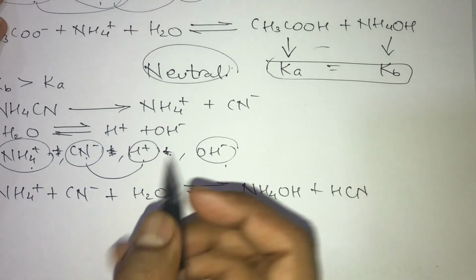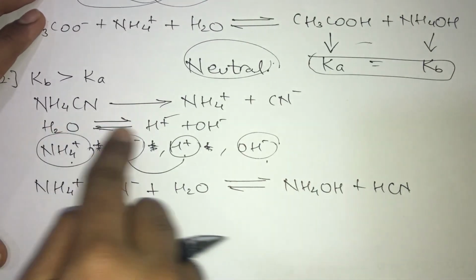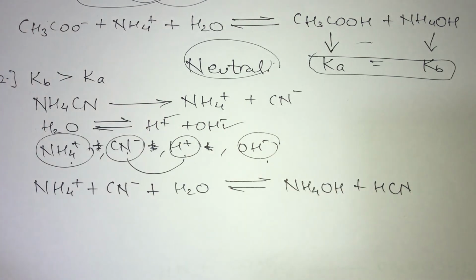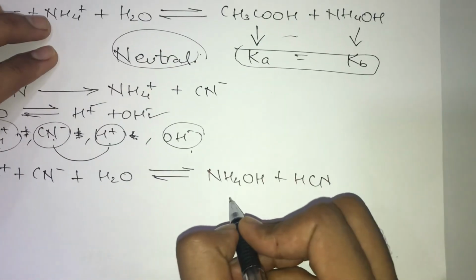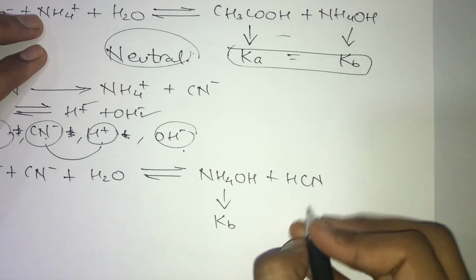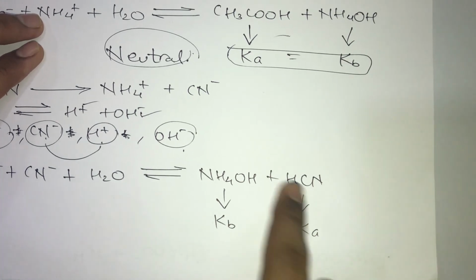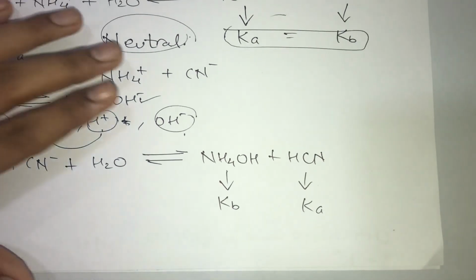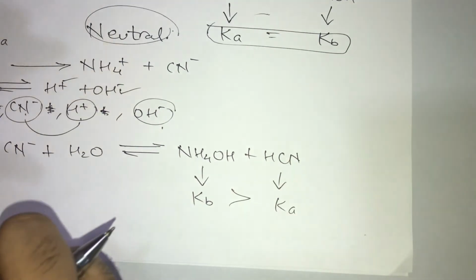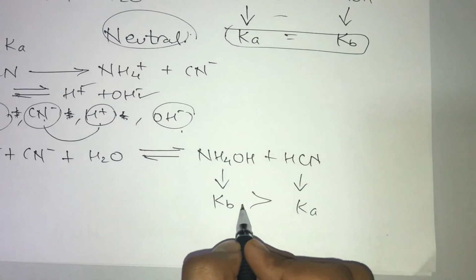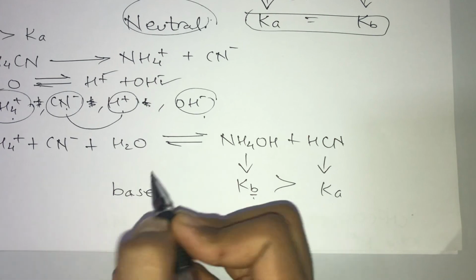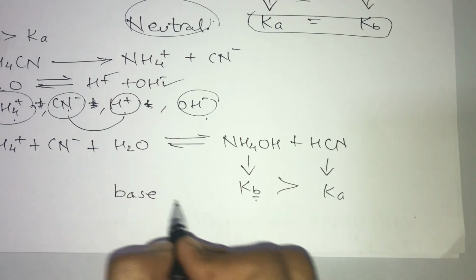And if you observe over here, your H plus is getting consumed in this reaction and your OH minus is also getting consumed. So now to decide, you need to find out the Kb value of NH4OH and the Ka value of HCN. In this case, the Kb value of NH4OH will be greater than the Ka value of HCN, and since the Kb value is greater, base, therefore your aqueous solution will be basic.